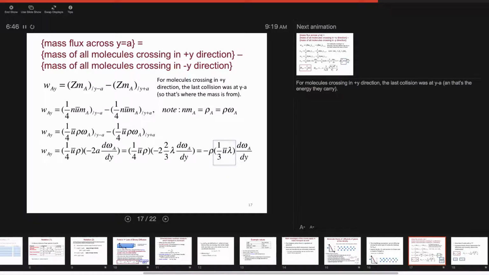So when I put that in, I write down what my a is, put it all in, and I indeed get that my mass flux of these molecules of species A is minus rho, this is the entire phase, times some coefficient that depends on average velocity and mean free path for this type of molecule.